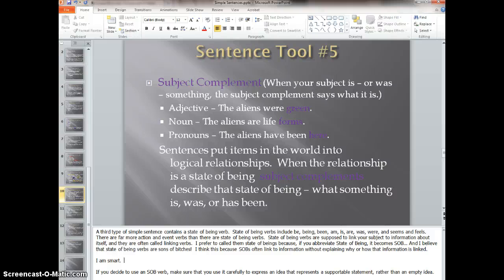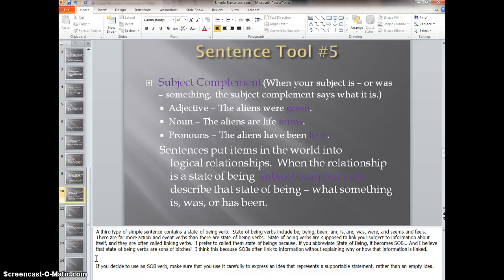However, what do we have in this sentence that tells me why or how we know or what decides what smart even is? It's not even in there. It's just literally just saying things. So you have to be really careful when you use state of being verbs to make sure that you use them carefully to express an idea that represents a supportable statement rather than an empty idea.